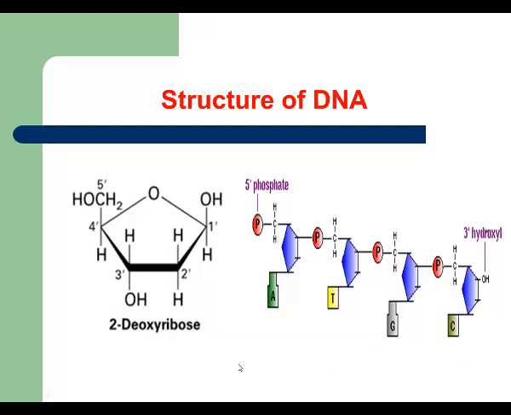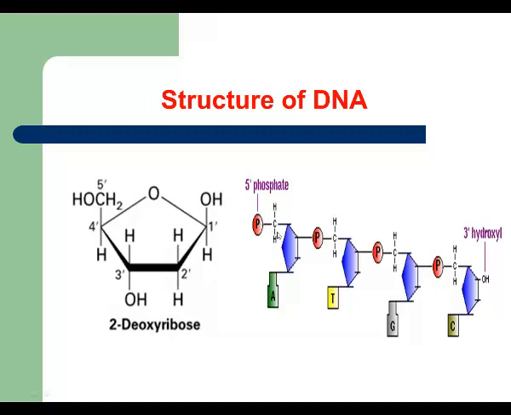For example, this one over here is called 1' carbon. This one over here is 2'. Over here will be 3' carbon. This one is 4' carbon, and the last one, this one is 5' carbon.